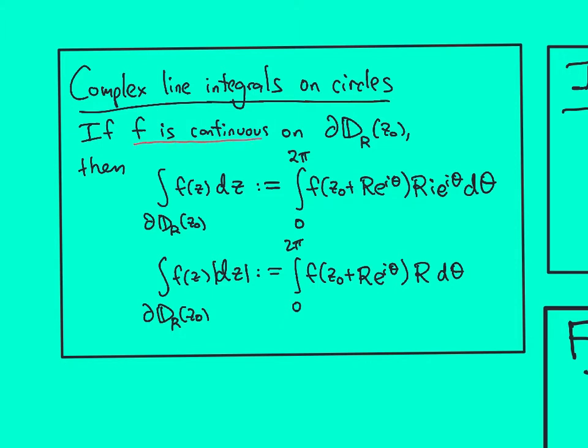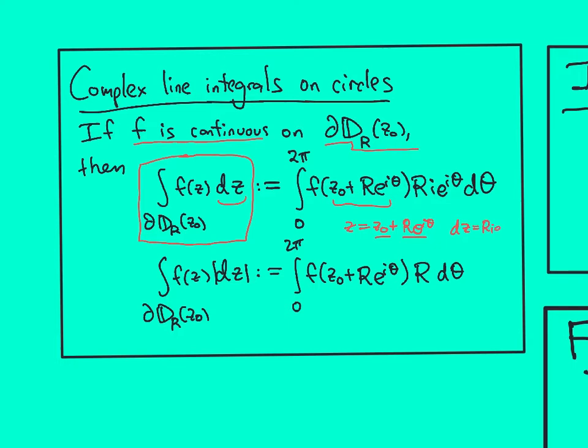So we start with a continuous function on a circle of radius r centered at z0, and we're going to define this object, which again we'll go through in more detail, but for now we can just take it as a definition that we're going to parameterize the circle via theta with z equals z0 plus r e to the i theta, and you put that in for z, and so dz will become basically a derivative of this.